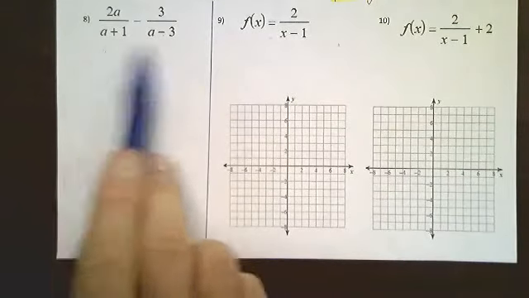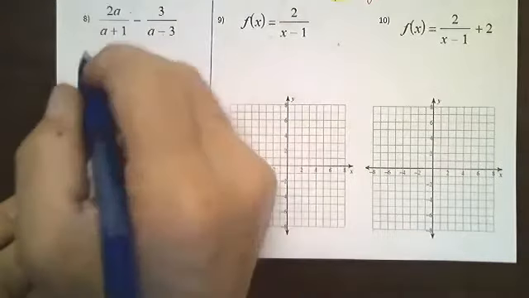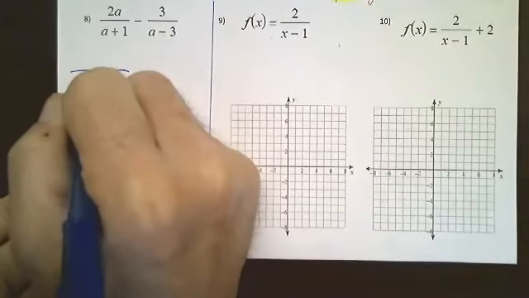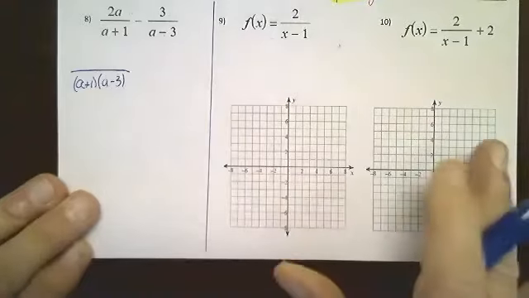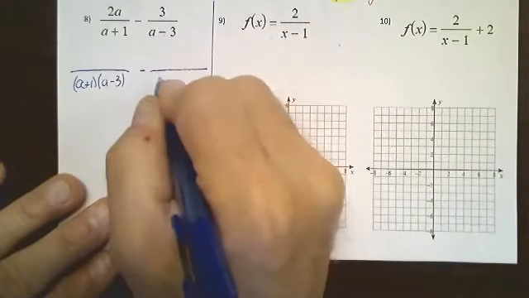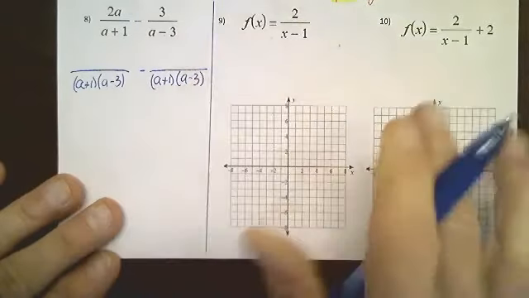Common denominator will be both of them, side by side. A plus 1, A minus 3. You don't have to FOIL it out, just put them side by side. Like that.